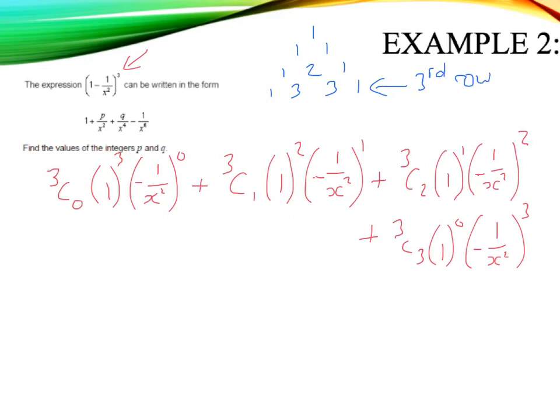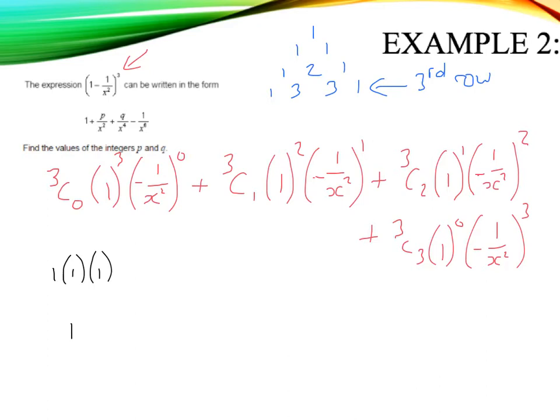So we can see that the values I'm going to get for 3C0 is going to be 1, 3C1, 3, 3C2, 3, and 3C3, 1. Okay, so let's tidy this up like I say. So we've got 1 multiplied by 1 cubed, which is 1, multiplied by minus 1 over x squared all to the power of 0 is just 1 again. So my first term is 1.